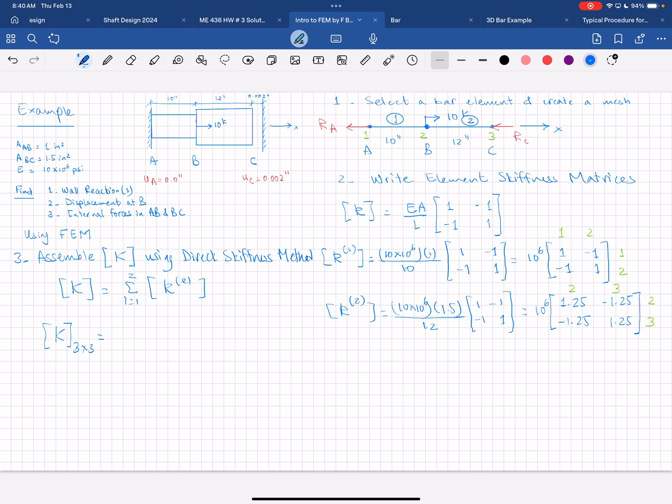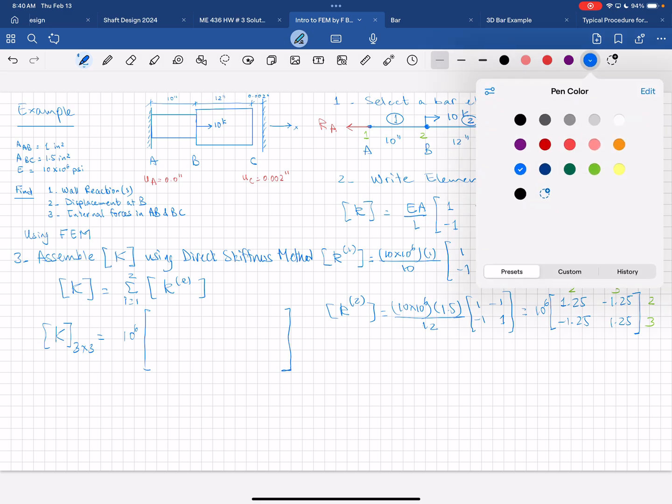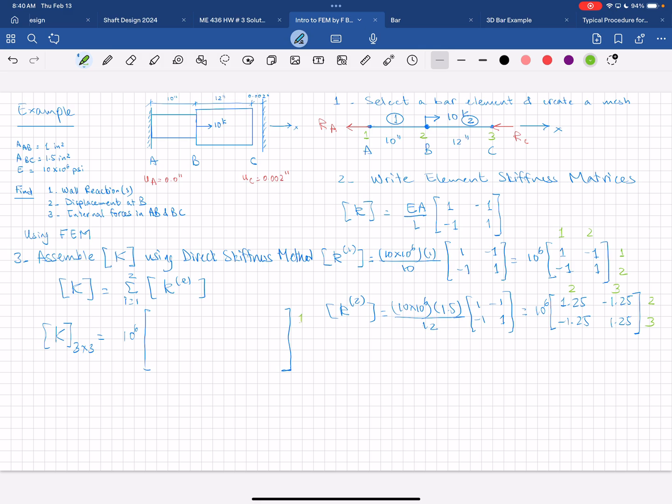Looking at K1 and K2, we see 10 to the power 6 as a common factor. So I'm going to take 10 to the power 6 as a common factor, and I'm going to be superimposing the entries here corresponding to the rows and columns number. So I'm going to label 1, 2, and 3, 1, 2, and 3 for rows and columns.